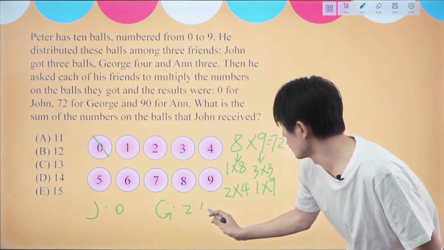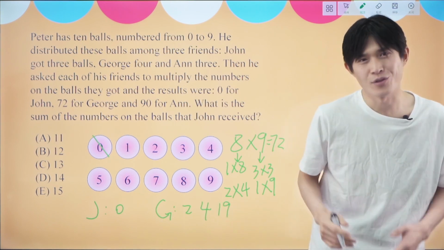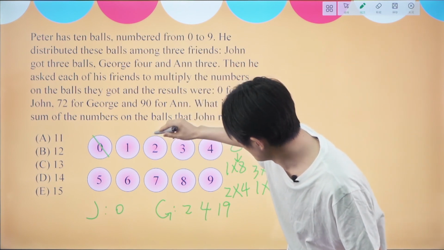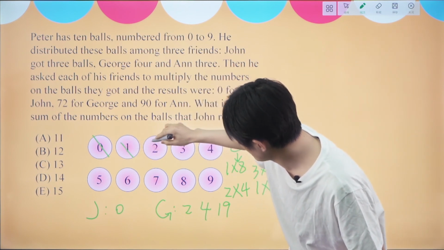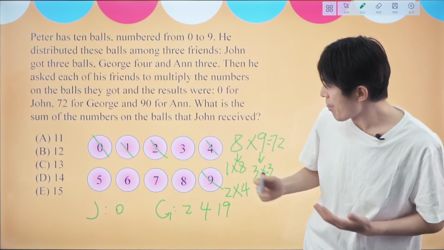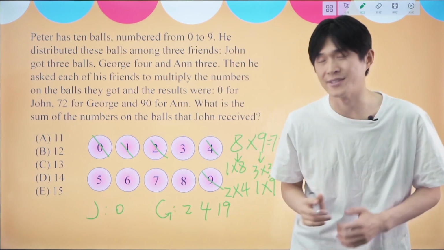Those 4 numbers. So we say goodbye to 1, 2, 4, 9. And then we have 3, 5, 6, 7, and 8.